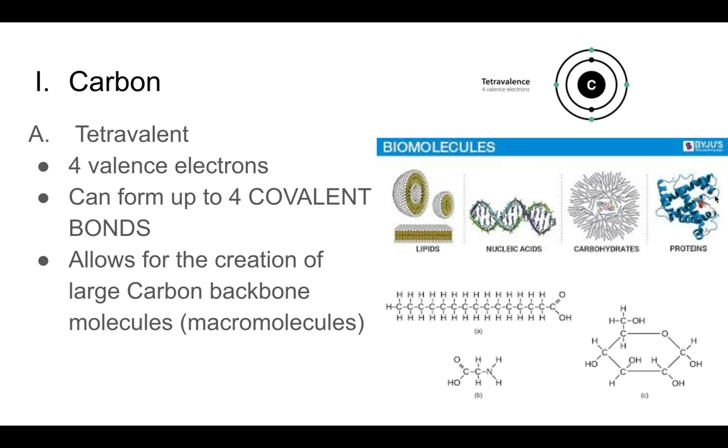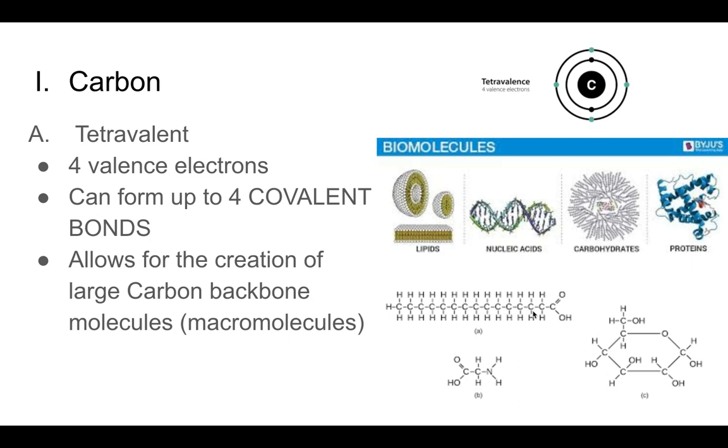There are four main categories of macromolecules: lipids, nucleic acids, carbohydrates, and proteins. If you zoomed into their molecular structure, you're going to find lots and lots of carbons embedded in it.